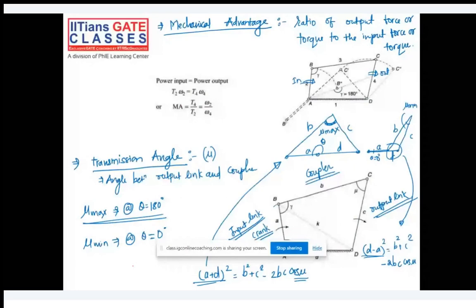So this is your B dash point and this is your C dash point. Do you agree if I rotate it towards left, C can come somewhere here, and BC will come to C dash and B will come to B dash?